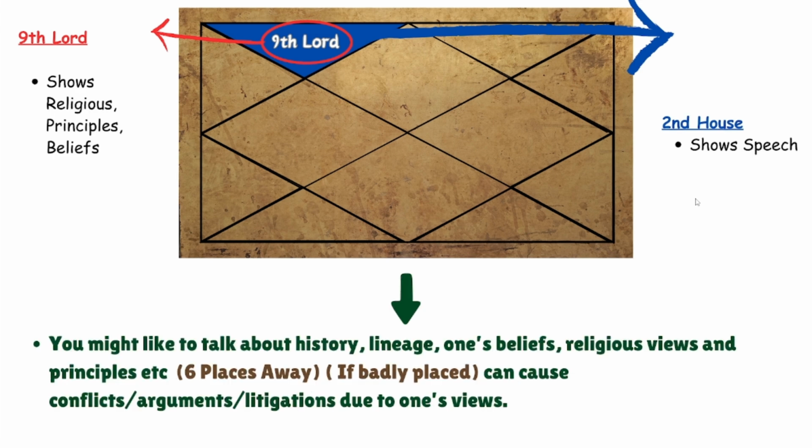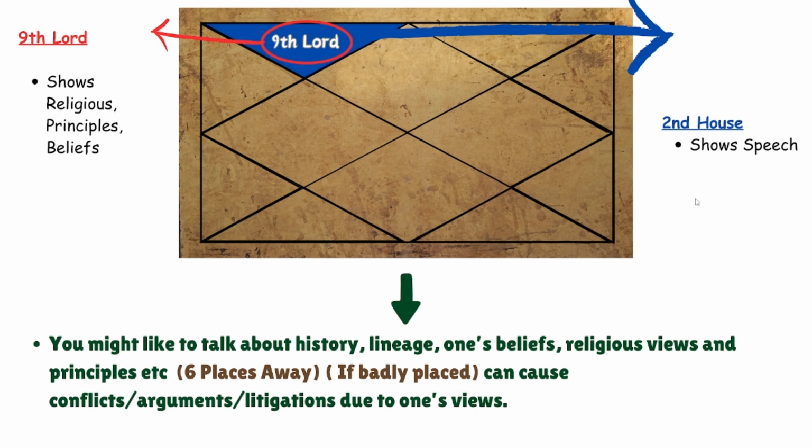Now, ninth lord shows religious views, principles, beliefs, and second house shows speech. Okay, now with this placement, just purely this placement without considering planets and everything, we can consider that you might like to talk about history, lineage.